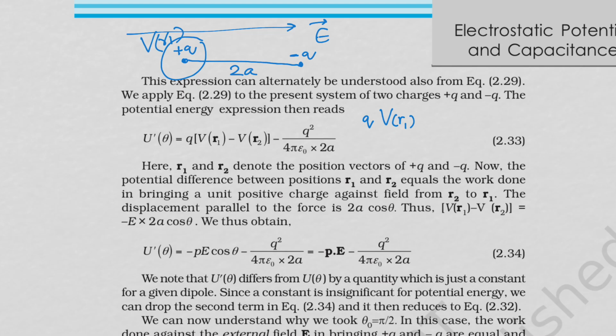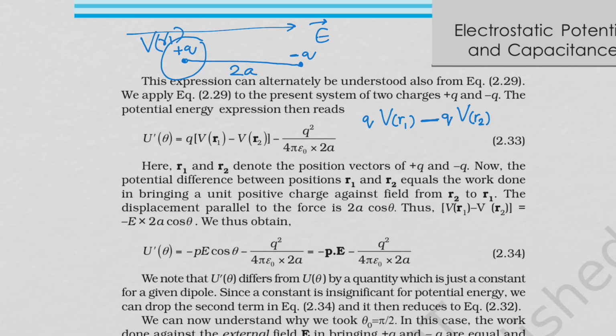And then plus, since in a dipole one of the charges is positive and one is negative, the negative charge comes in, multiplied by the same amount of charge and then multiplied by V of R2, the potential at the position R2.